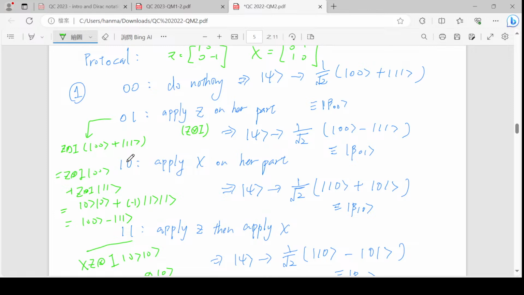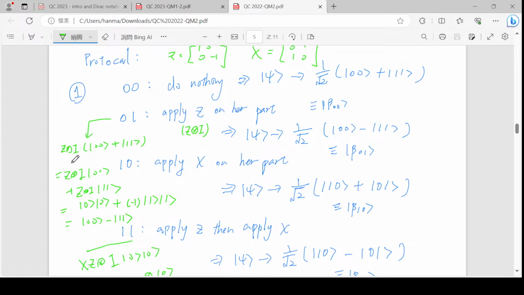By how we taught you the definition of tensor product, you might think you can write everything in a 4-dimensional space. You have 2 qubits, so everything is in 4-dimensional space: a 4-dimensional vector times a 4x4 matrix. That's doable, but that's very hard. The easier way is to use the linearity here.